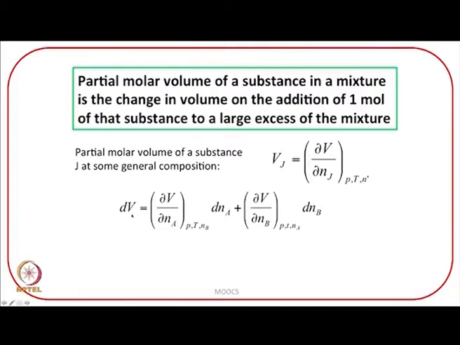That is what I just discussed, that dV is equal to partial molar volume of A into dNA plus partial molar volume of B into dNB.